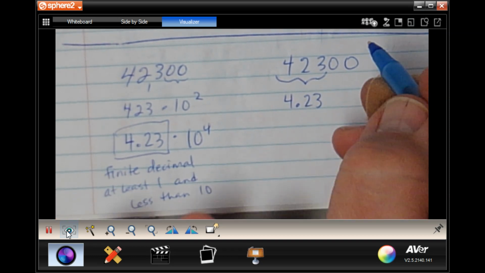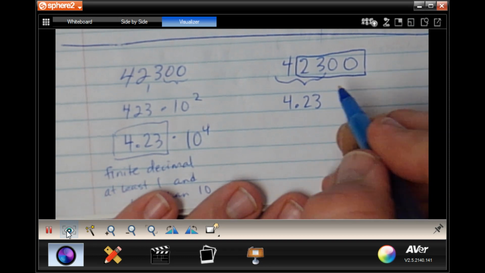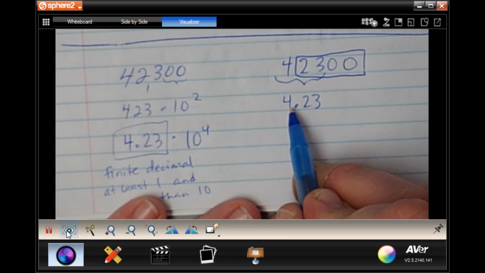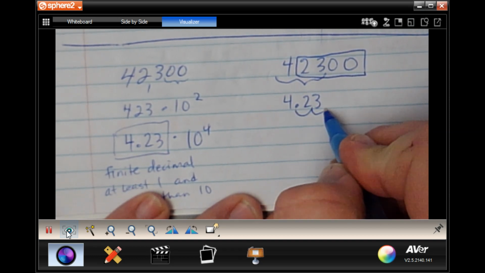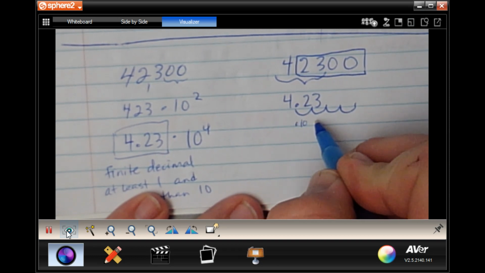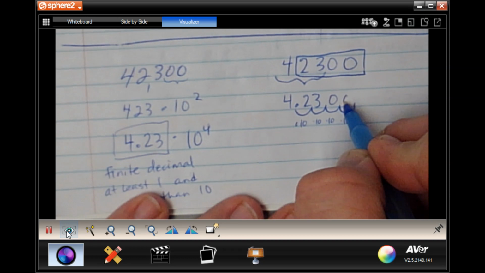And then what I'm left with is how many place values come after that. And there's 4 place values. That means that it takes 4 powers of 10. So if we multiply 4.23, it takes 4 powers of 10, times 10 times 10 times 10 times 10. There's all of those values. That's 10 to the fourth power to get this filled back up.